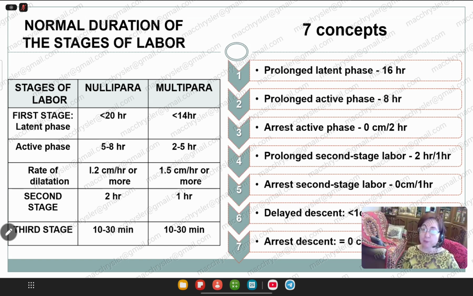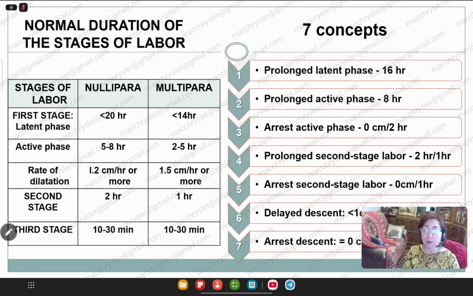But it's not correct, because the faster the dilatation, the more risk of maternal birth canal trauma on one hand, and on the other hand, trauma for the fetus, because the fetus passes through the birth canal without any adaptation, and cephalic hematoma for the fetus is also possible.